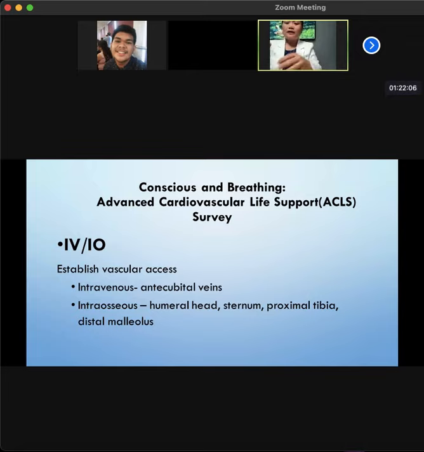Parang ganito. Kunwari, ito yung leg ng pasyente. Ito yung shin niya. Ito yung parang buto na yung proximal tibia. Then you just palpate it and then puncture it. Parang ito yung needle, gaganyan lang ninyo dyan. Tapos yun na yung IV line ninyo.